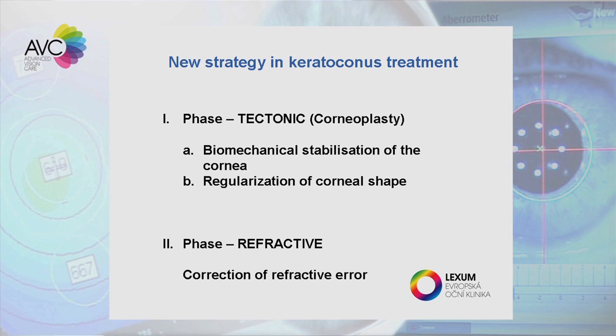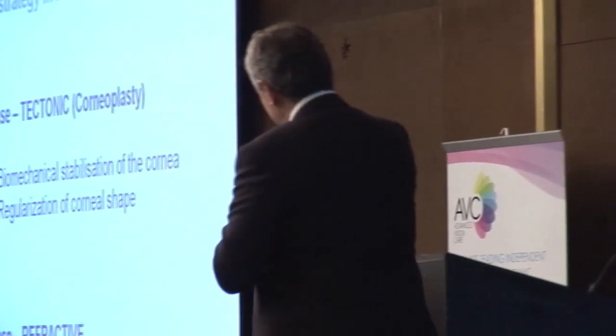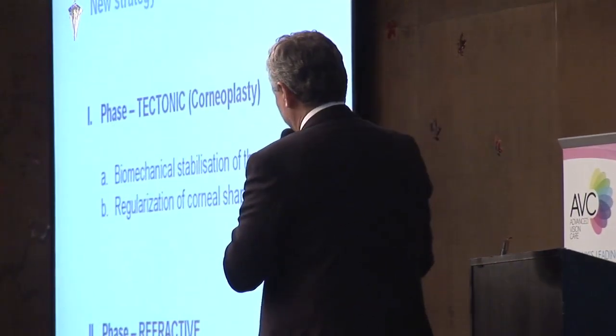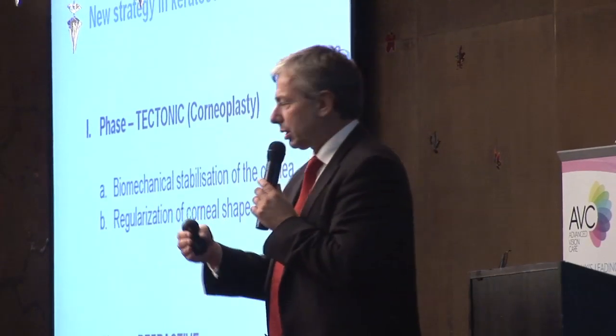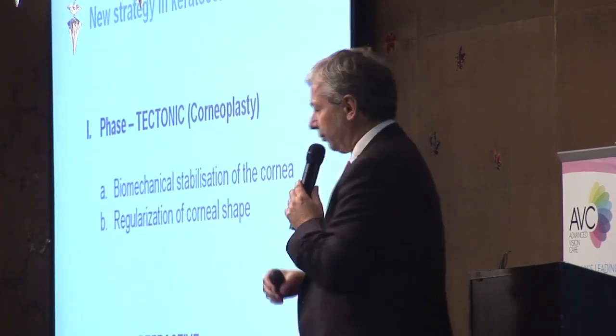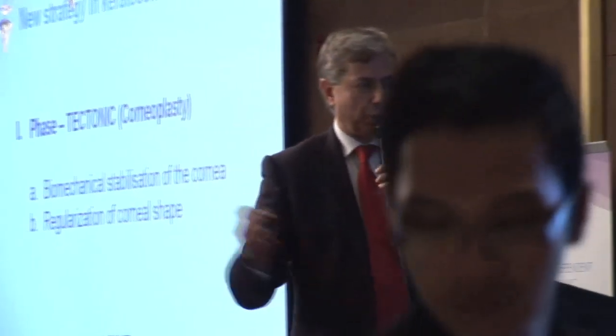And the second step in this first phase is regularization of the corneal shape. Then, after we are able to reach these first goals, we can go to the second phase, which is the refractive phase, to correct refractive error.